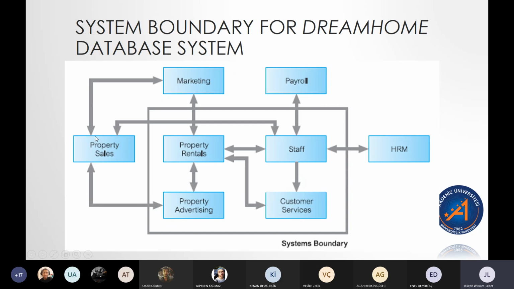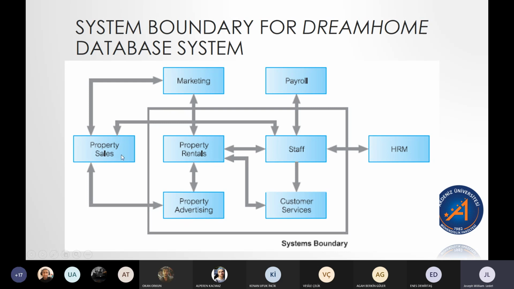So another good example here is property sales, right? So property might be sold from one client to another, from one property owner to another. But our system here, this DREAMHOME system, is not about selling property, it's about renting property.